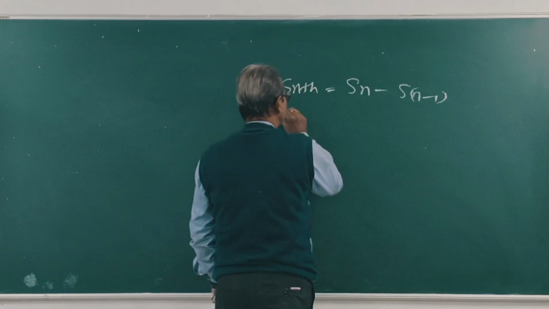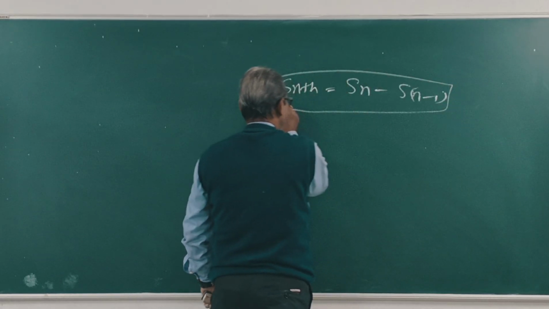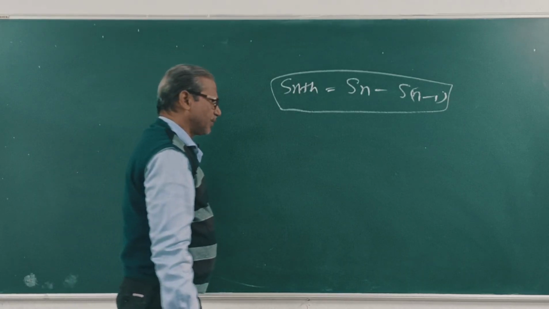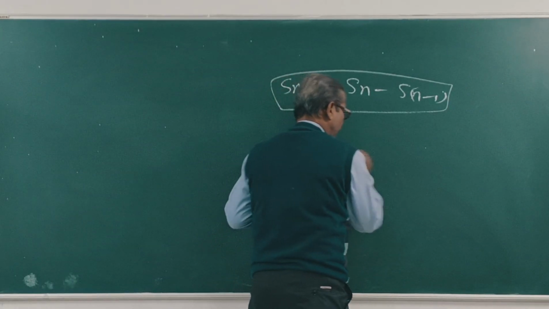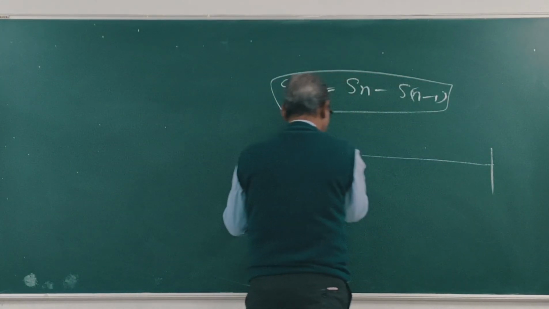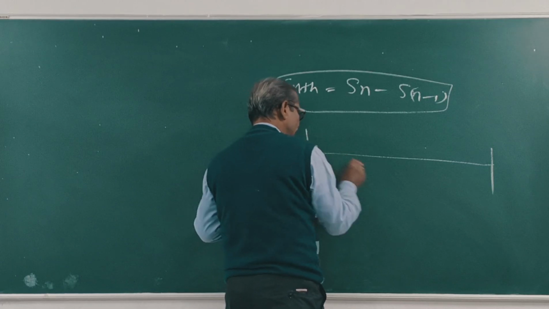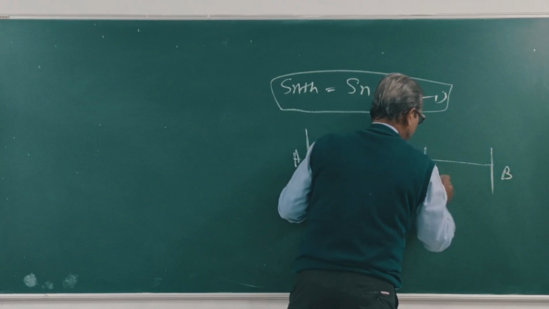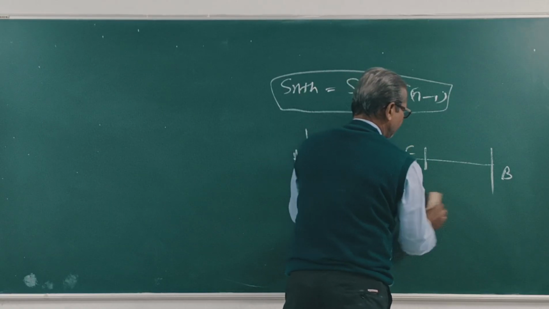This is the formula for s_nth. So what is s_n? What is s_(n−1)? Suppose this is the body moving from A to B; suppose this point is B, this point C. Clear?